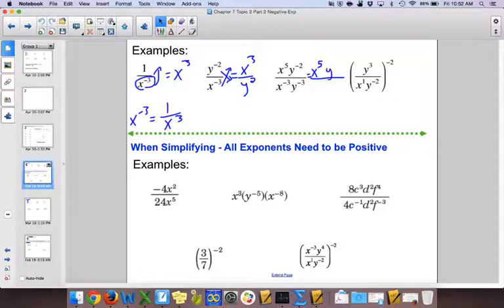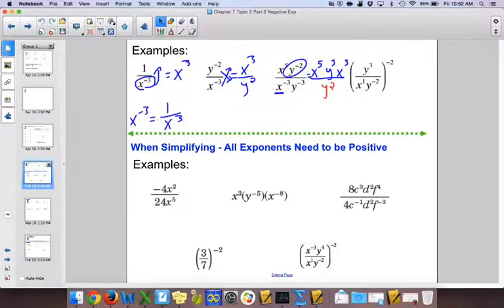So it's x to the fifth, y to the third. You're going to notice that we also have another x on the bottom, so I'm also going to put that up top here. So we have another x to the third. Now what we're left with on the bottom will be y squared.